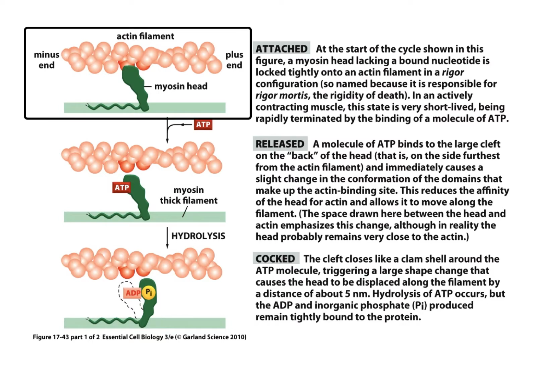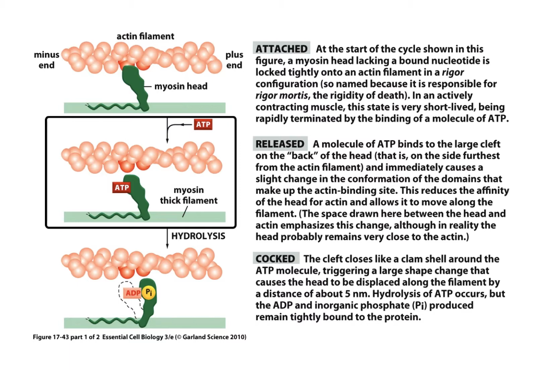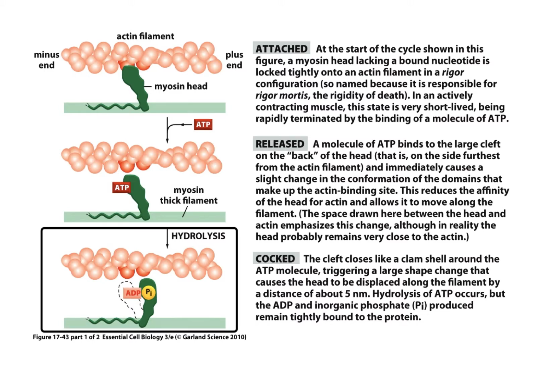So initially you have attachment of the myosin head to the actin thin filament, you have ATP that then interacts with the myosin head, and it releases from the actin filament. You have hydrolysis of the ATP becoming ADP, and that phosphorylates the myosin head, causing a conformational change, so it's essentially cocked.